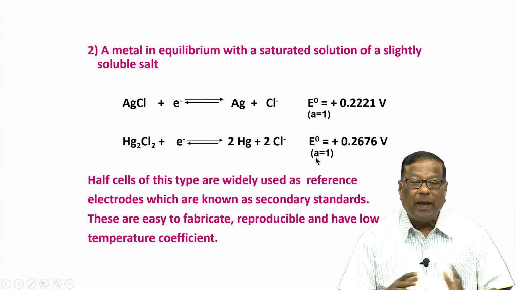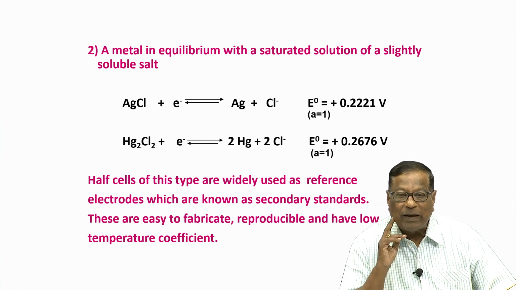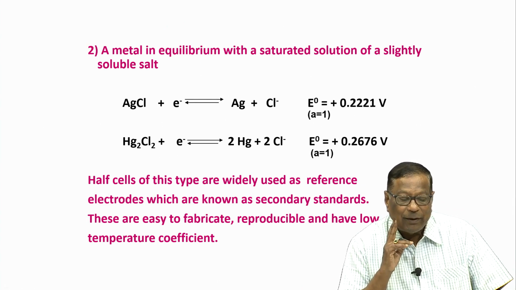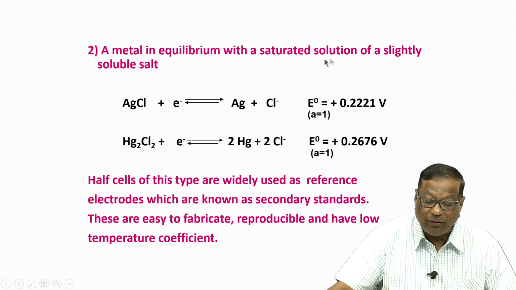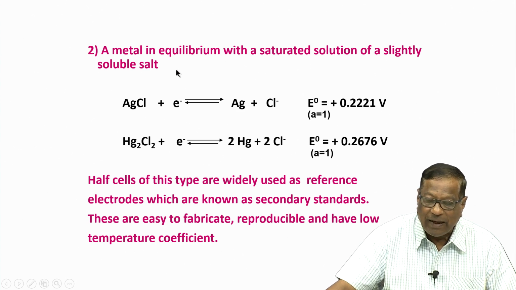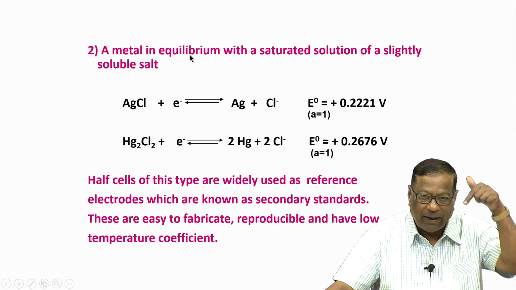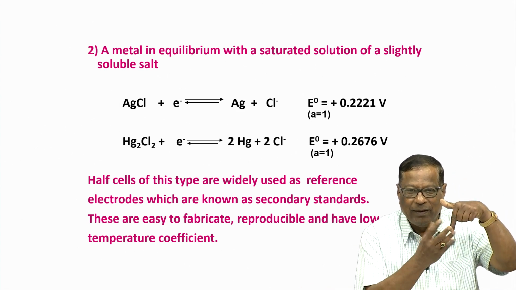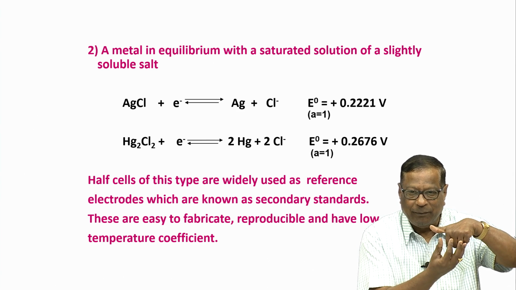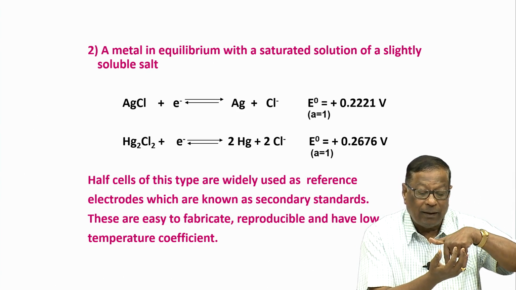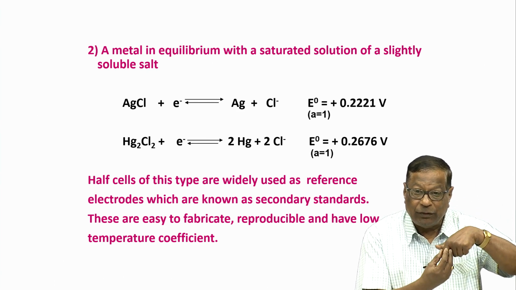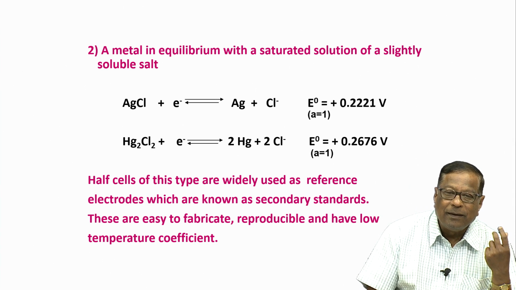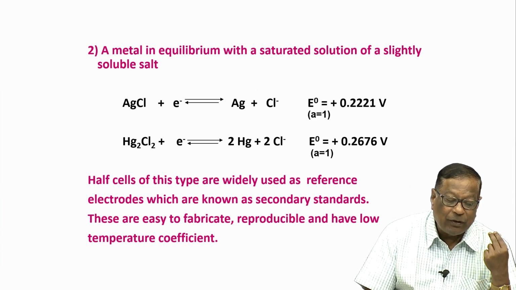Then I have another type of electrode. That electrode we define like this: a metal in equilibrium with a saturated solution of a slightly soluble salt. That means I have a metal wire as an electrode dipped in a solution that contains a sparingly soluble salt.